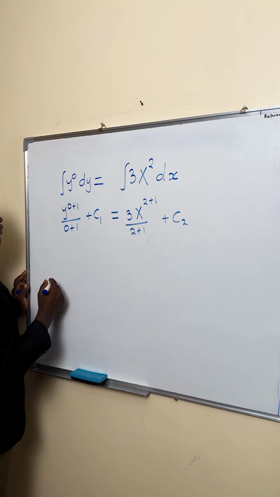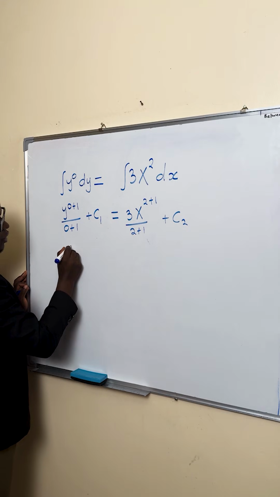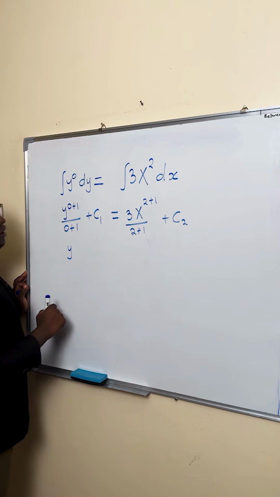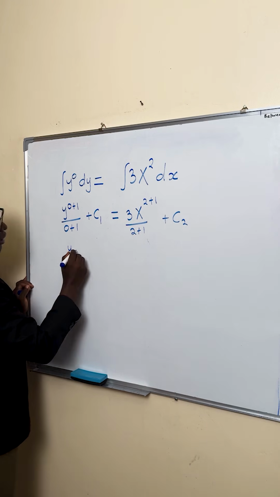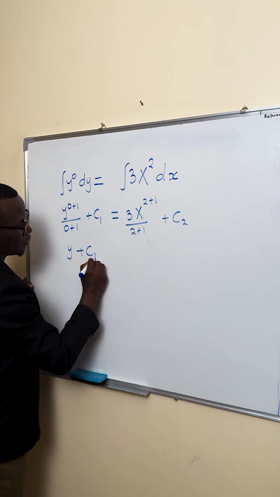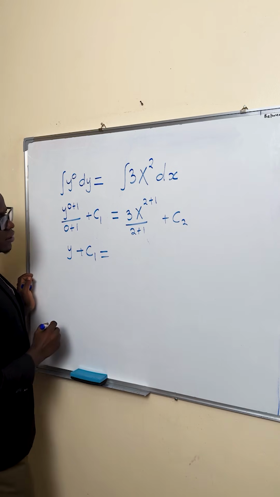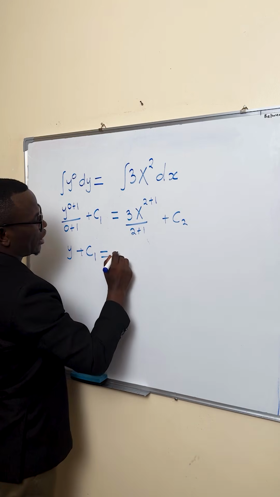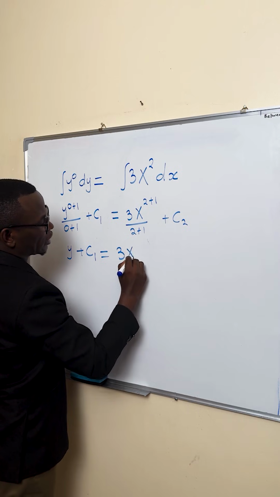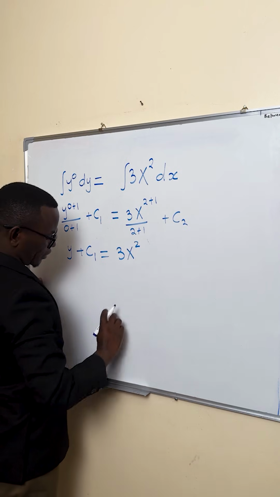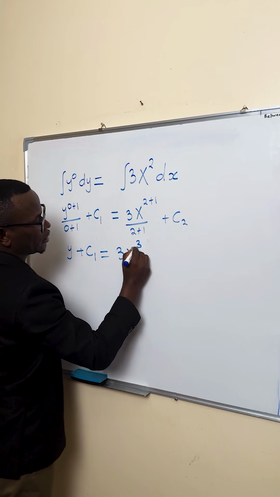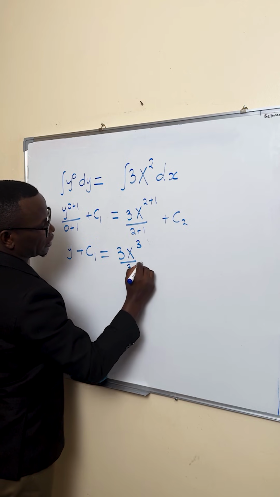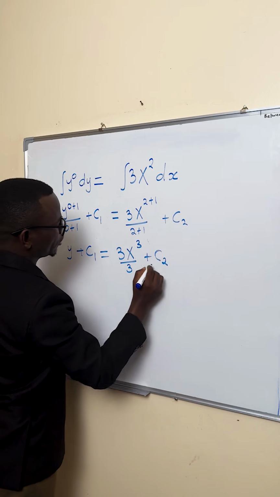So we are going to simplify. We shall have y to the 0 plus 1, that is a 1, over 0 plus 1, that is a 1, then plus a constant of integration. This is equal to 3x squared, so 3x to the 2 plus 1, that is a 3, then over a 3, then plus c2.